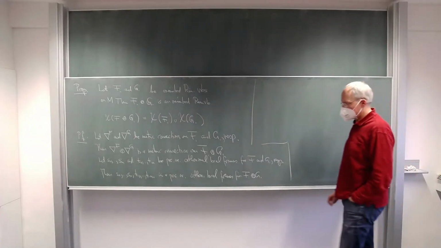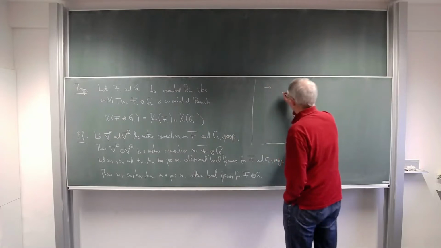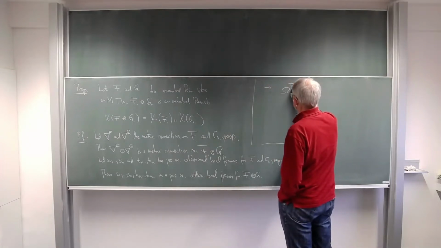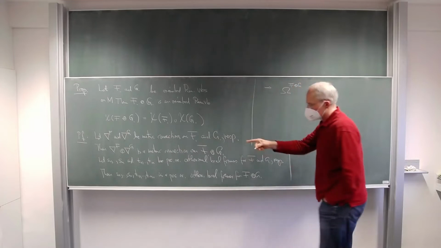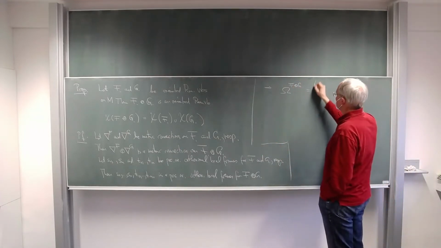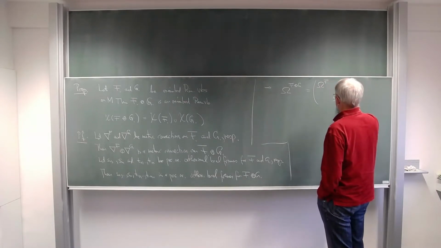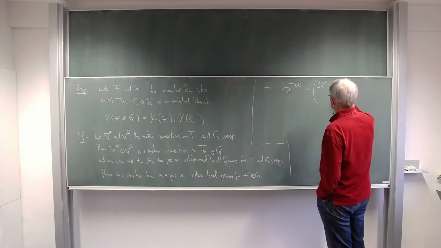And now what can we say about the curvature matrix? The curvature matrix of F plus G for this connection with respect to this frame is simply the curvature matrix for F in block form with the curvature matrix for G.